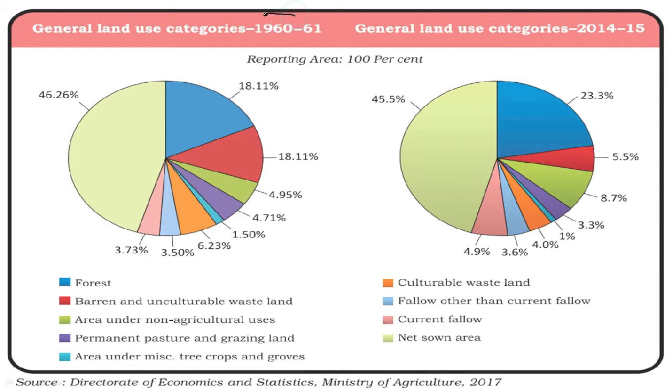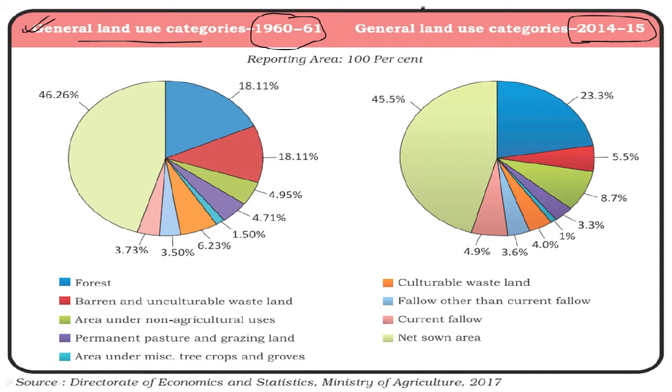Students, I want you to see the time period. First of all, we see general land use categories for the year 1960-61, and then there's another time period which is recent, that is of 2014 and 15.